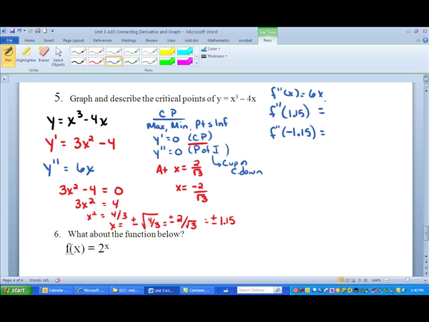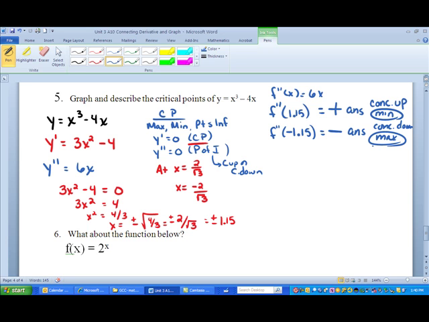If I plug in the positive value, I'm going to get a positive answer. And if I get a positive answer, that means my graph is concave up, which means I have a minimum as a critical point. And likewise, if I plug in a negative, I'm going to get a negative answer, which means I'm concave down, which means I have a max.